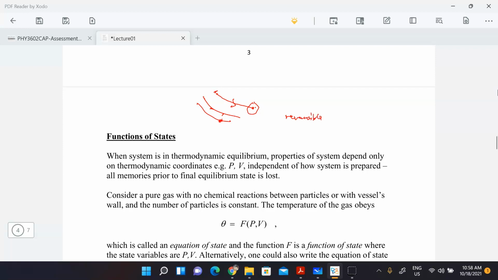We'll talk about that, I think, probably in the next lecture. But the idea now is that we look at things with respect to the thermodynamic variables.